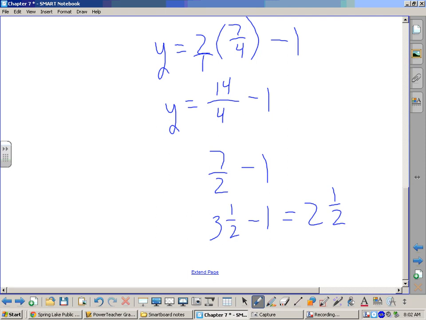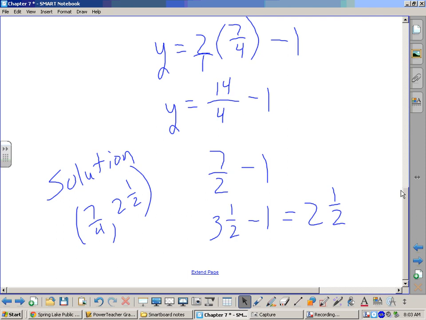So my solution would be x being 7/4 and y being 2 1/2. So those are perfectly acceptable answers. You can change them both to mixed numbers or both to improper fractions, and you would have an acceptable answer. So that's how we're going to be solving a system by substitution.